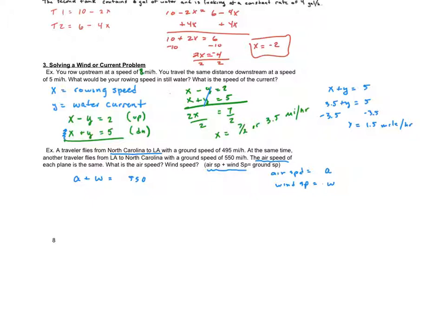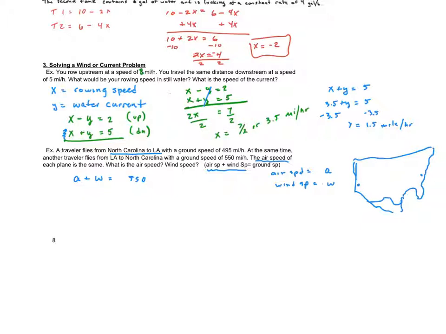And let's see, if we're looking at the US, something like that, right? And this, of course, is Mexico down there, North Carolina, somewhere over here, LA, somewhere over here.